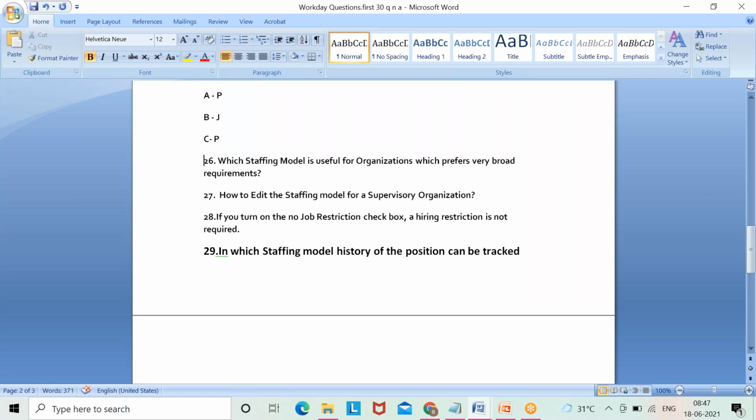Assume no positions are configured. Both options: bulk and individual organization. Maintain staffing model is for editing a group of organizations. For individual organizations, select supervisor organization, related actions, navigate to organization. There you have an option called edit staffing model. You have to edit and change the staffing model.